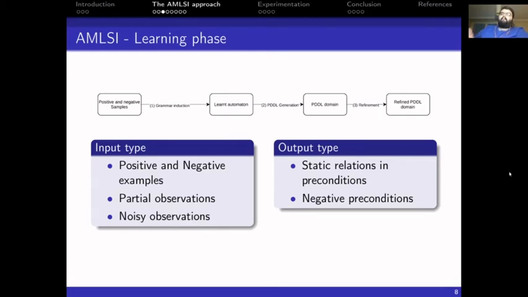And the learning phase returns a PDDL domain, and more precisely, a STRIPS-like domain including static and negative preconditions. The learning phase is divided in 3 steps: a grammar induction step allowing to retrieve the state machine related to the system. Then AMLSI generates a PDDL domain from the state machine, and finally AMLSI refines the PDDL domain.